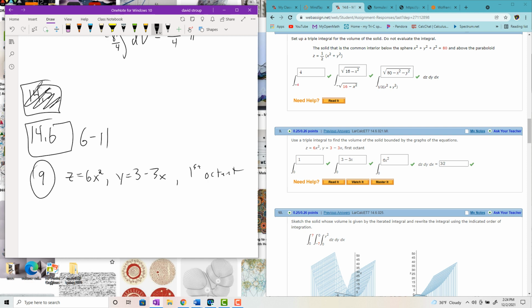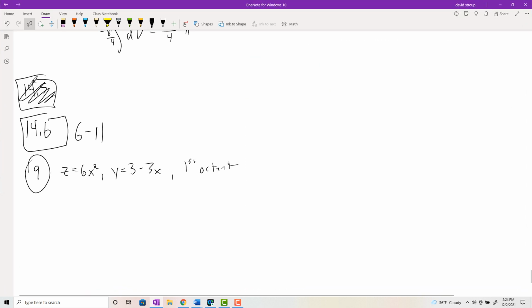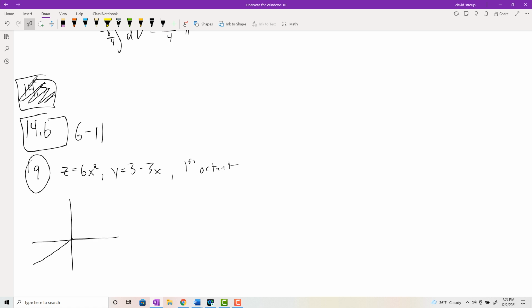So you have to set up your triple integral, and that may include graphing a little bit. But anyways, we're integrating over that region of the xy plane in the first octant, and in the xy plane I have that line y equals 3 minus 3x. So it has a y-intercept at 3, and then the slope goes down 3 over 1.